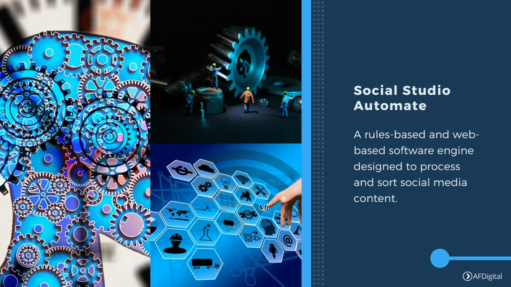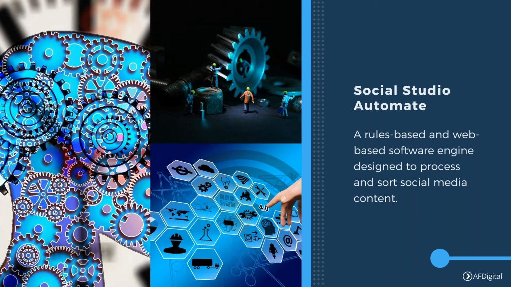Either you're really, really productive, or you're most likely going to miss out, or it's not going to be as accurate. If you want to simplify that task, or at the very least ease some of the burden off that analyst, what you can utilize is Social Studio Automate.